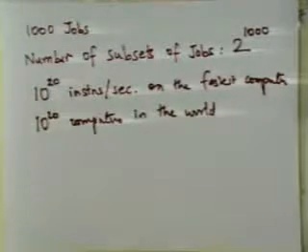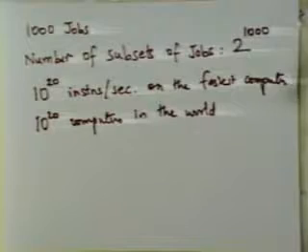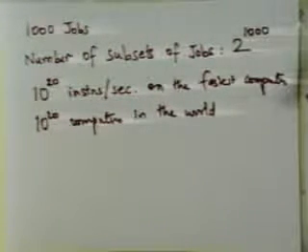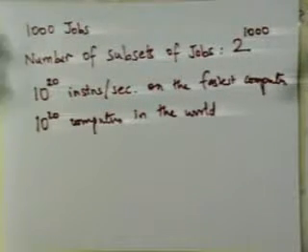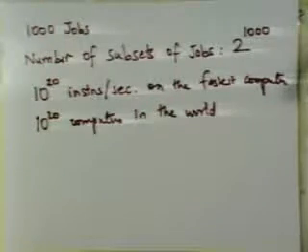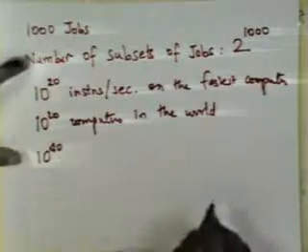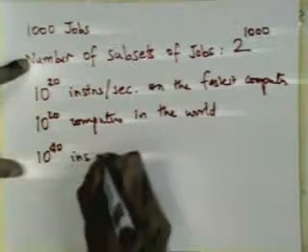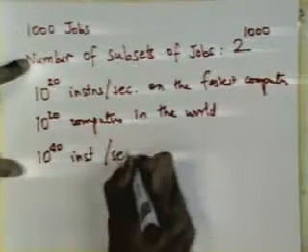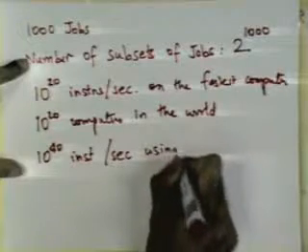What we are going to do is put all the computers in the world at your disposal to run your brute force algorithm. Putting these two together, I have 10 to the 40 instructions per second using all computers.